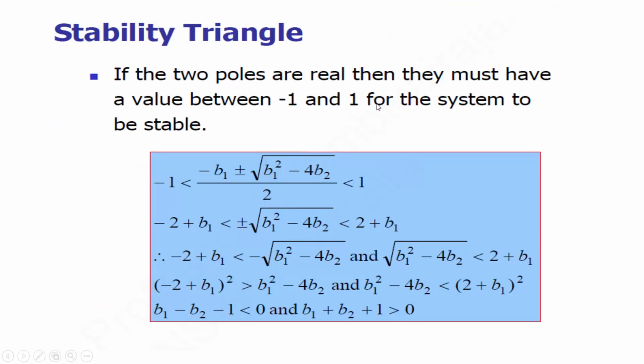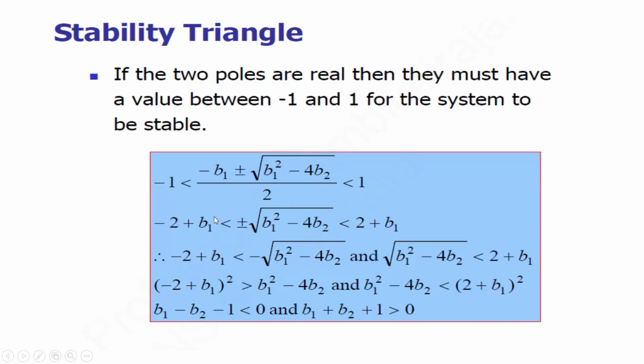If the poles are conjugate, then they will lie at a position other than the real axis. Now, if the two poles are real, they must have a value between -1 and 1 for the system to be stable. Of course, the poles have to lie inside the unit circle. The two pole values must lie between -1 and 1 if the poles are real.